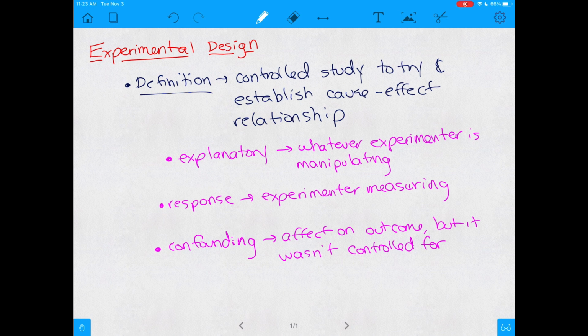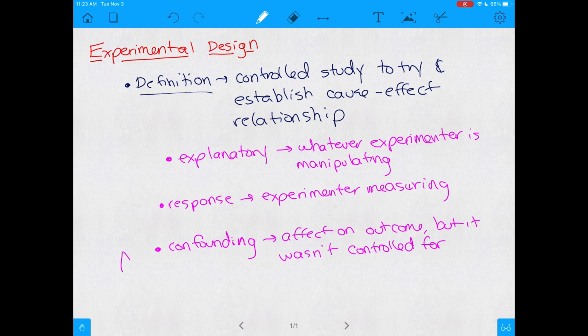This is a potential confounding variable if we don't try and take into account the fact that their starting point is different than everyone else's. It may skew my data to show that caffeine has less of an effect because their heart rate is already low to begin with. Their heart rate, when it's quote unquote elevated from caffeine, still won't be nearly as high as your standard person. So that's one example of a confounding variable.